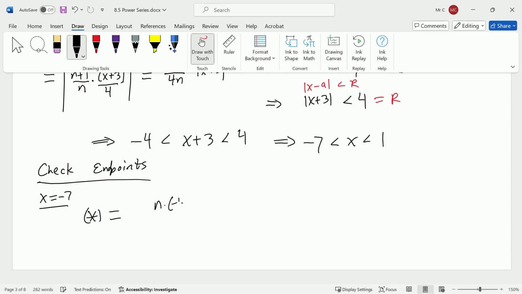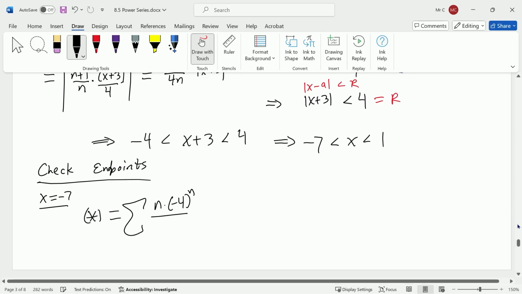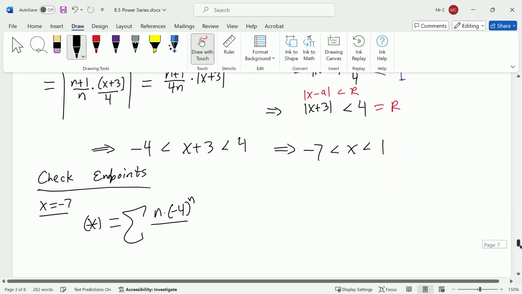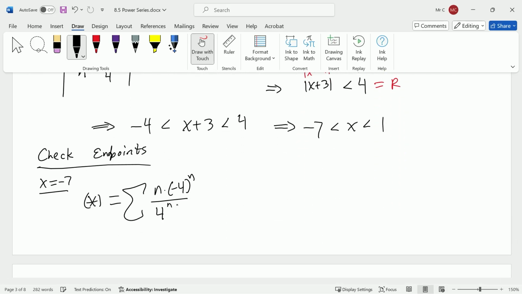So n times negative 4 to the n over, and let's make sure I copy this down right this time, 4 to the n plus 1. Okay, so this becomes the sum from n equals 0 to infinity of n times negative 1 to the nth power times 4 to the nth power over 4 to the n plus 1. And in this case, I can cancel that.